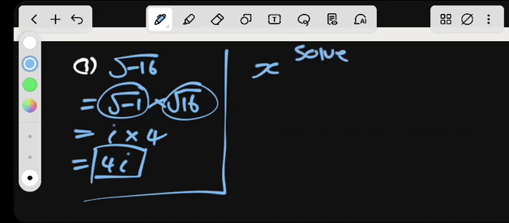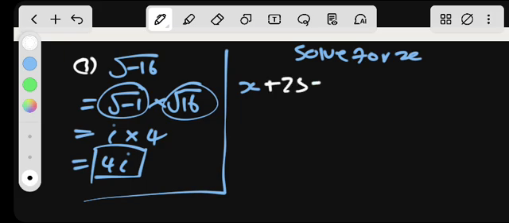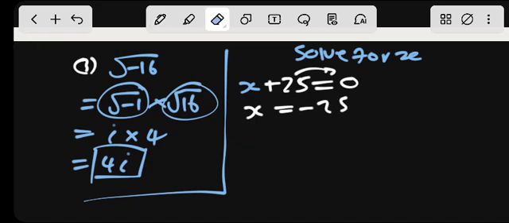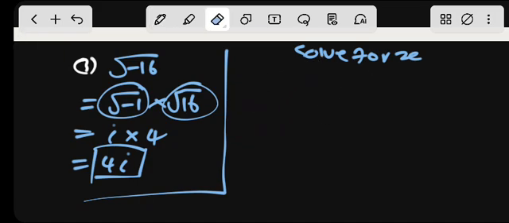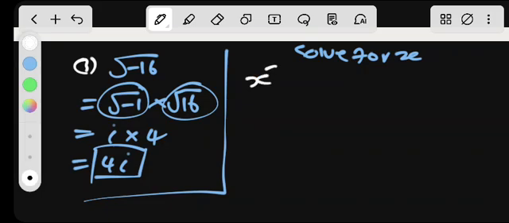Let me say x squared plus 25 is equal to 0.